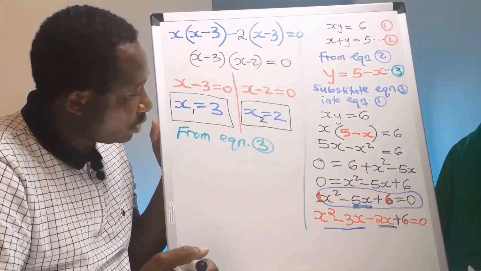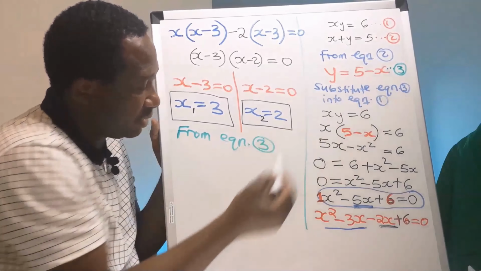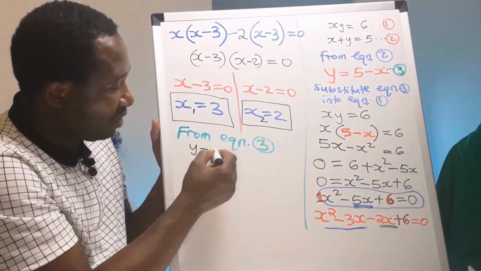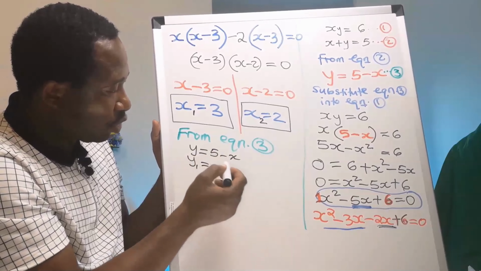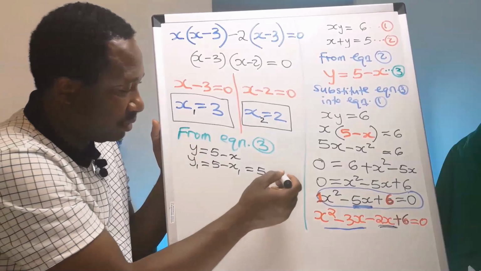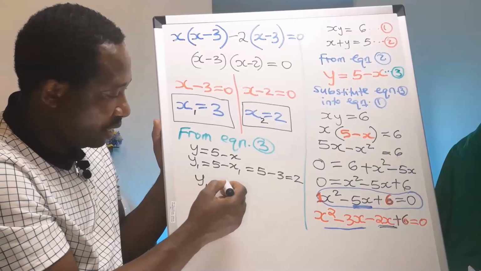From equation 3, where y is 5 minus x, for y1, I will substitute x1. My x1 is 3, and I will have 2. That means my y1 is 2.